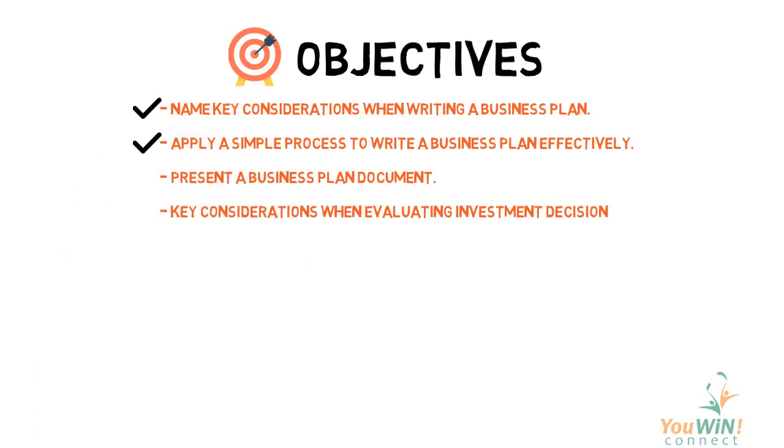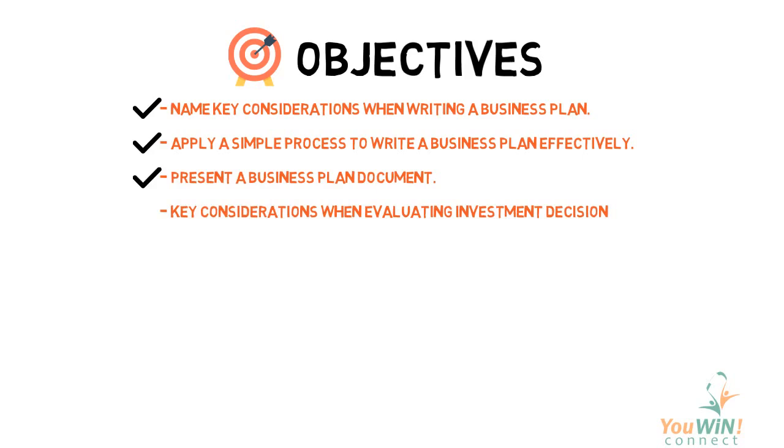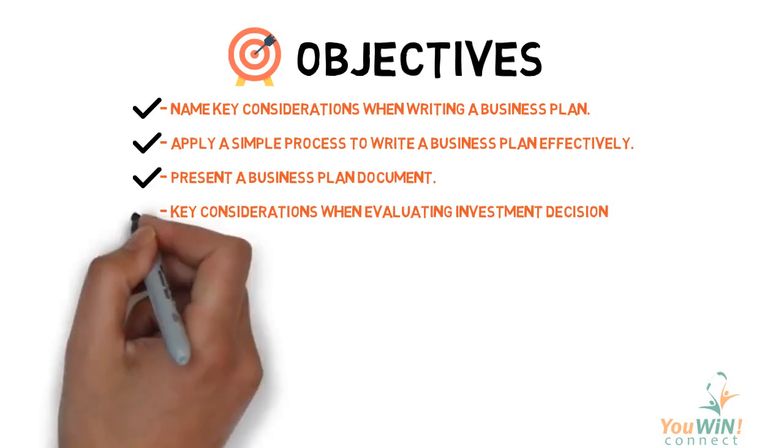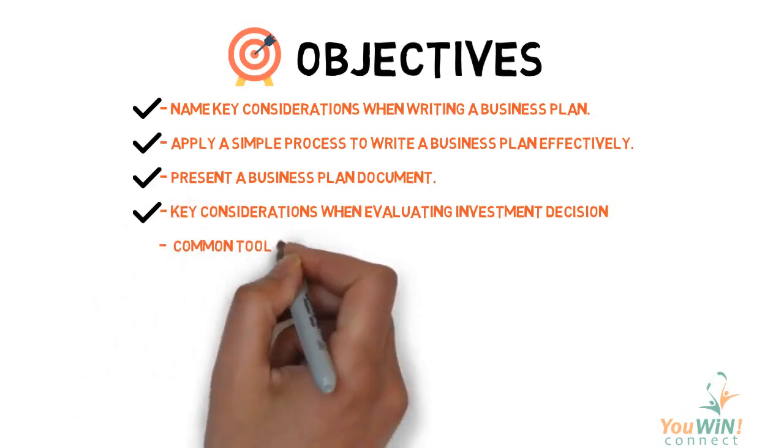We'll also learn how to apply a simple process to writing a business plan effectively. At the end of the module, we'll also be able to present a business plan document. Also, as a learning outcome, we'll know the key considerations when evaluating investment decisions.